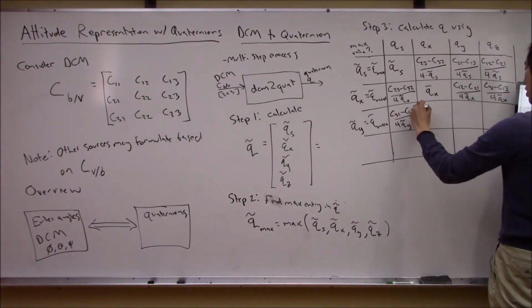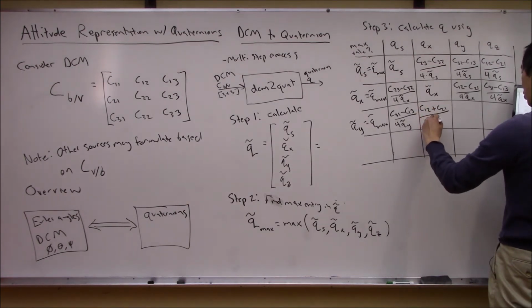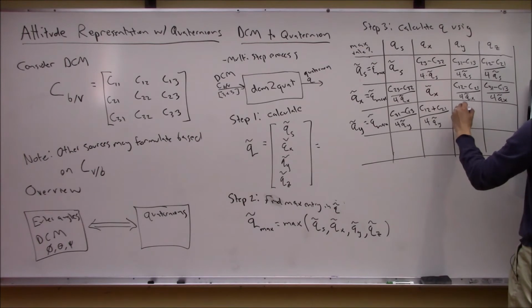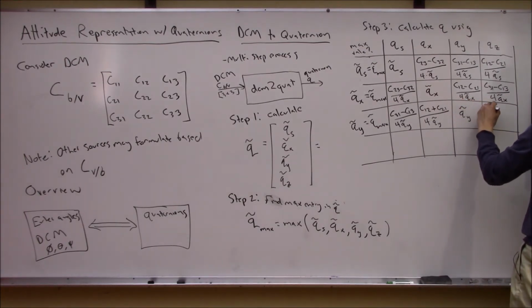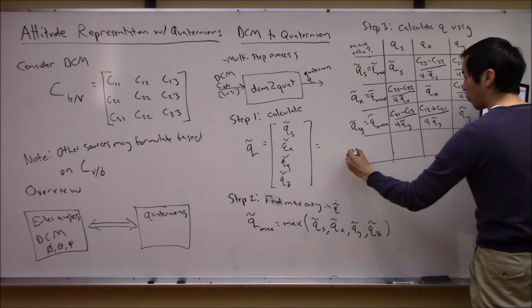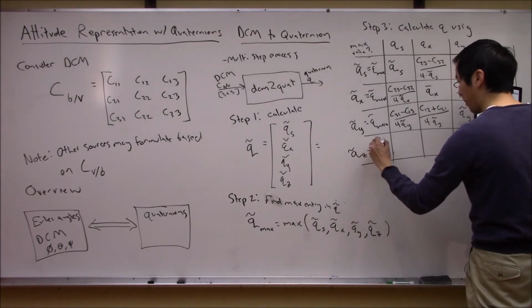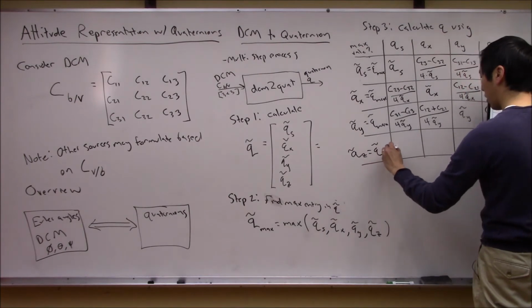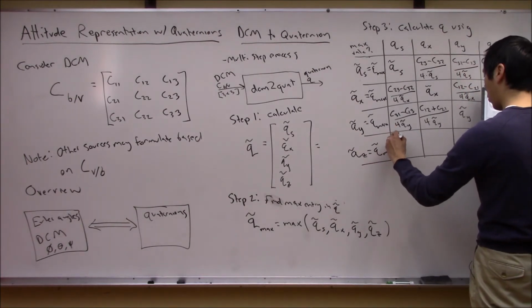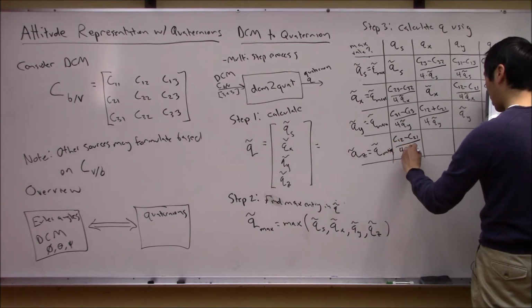This one is C12 plus C21 all over 4 QY tilde. This one is just QY tilde. This last element is C23 plus C32 all over 4 QY tilde. Finally, this last case is what you would do if QZ tilde was the maximum value. You would have C12 minus C21 all over 4 QZ tilde.